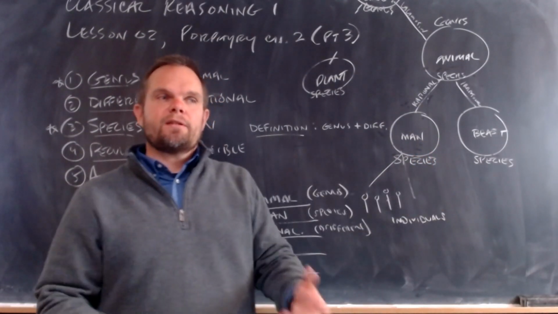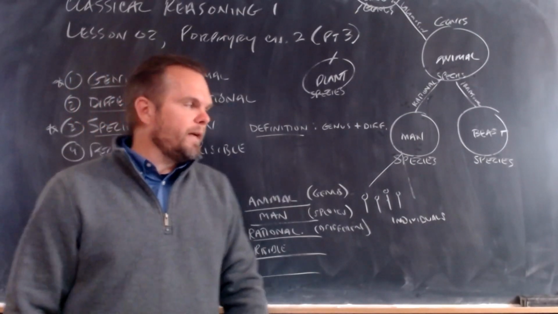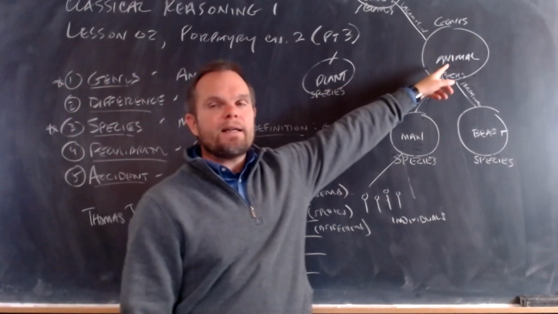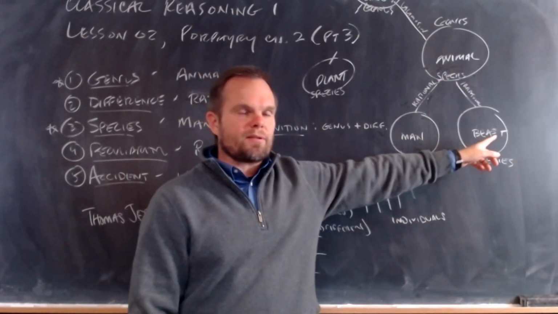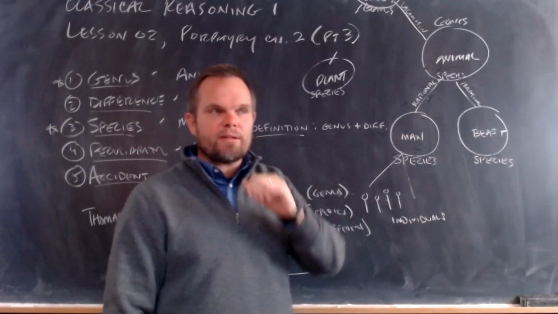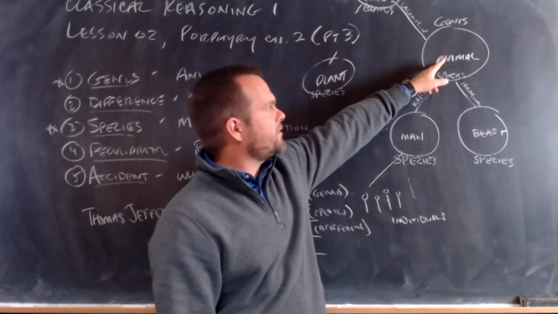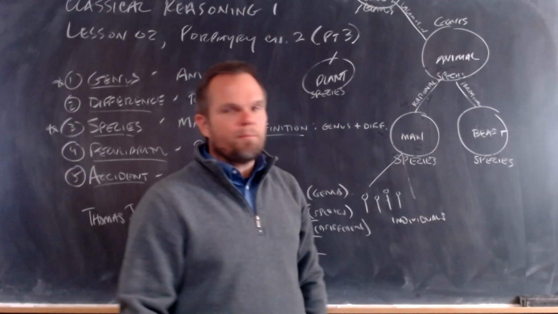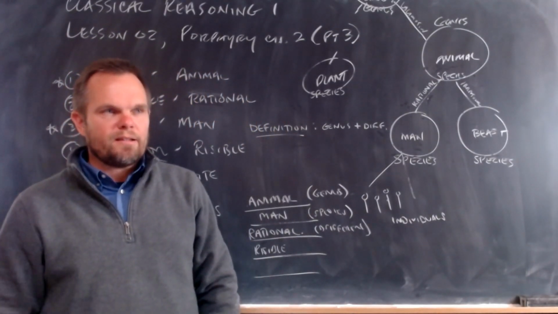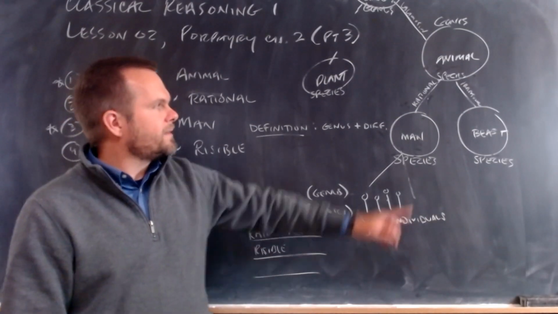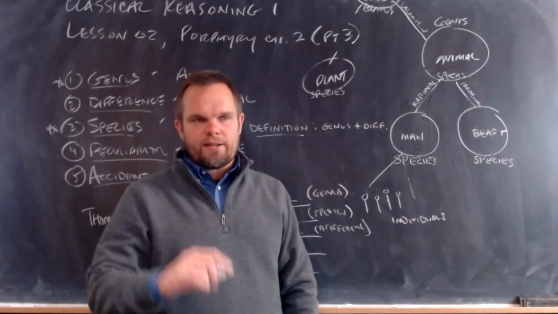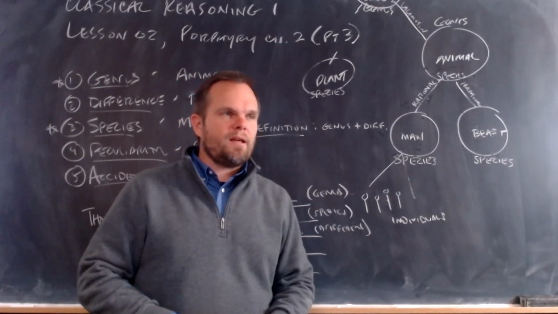So now we have this interesting situation where we have a characteristic that could divide this genus into its species. You see that? We have another characteristic that could divide this genus into its species, but it's not the quality that does so. It's not the difference.